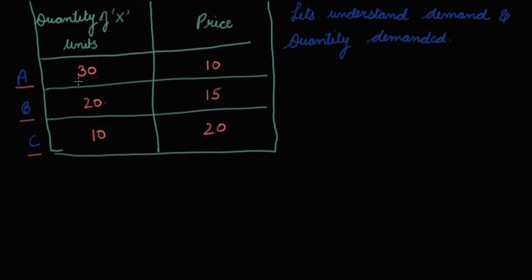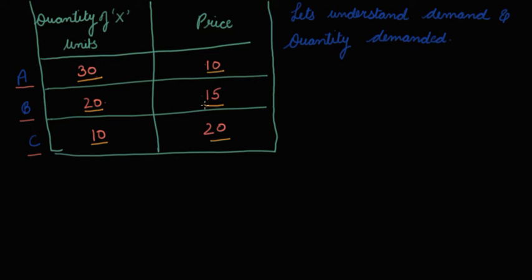At rupees 10 you can buy 30 units, so 30 is the quantity demanded at rupees 10.